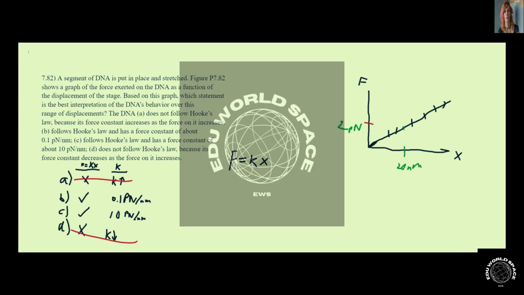If you substitute those in, we get K is equal to F over X. We get 2 piconewtons over 20 nanometers, and that gets us 0.1 piconewtons per nanometer. And that gives us answer B.